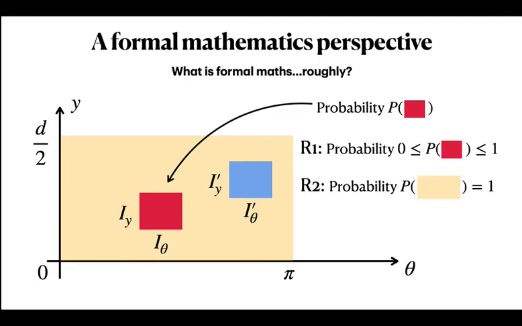The third rule says that the probability for the needle configuration to belong either to the red set or to the blue one is equal to the sum of the probability for the needle configuration to belong to the red set plus the probability for it to belong to the blue set.